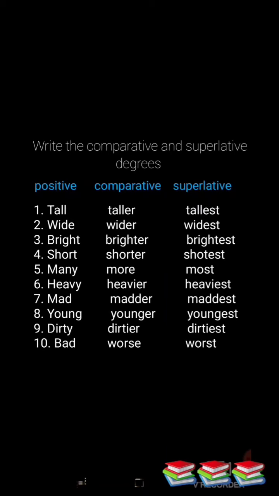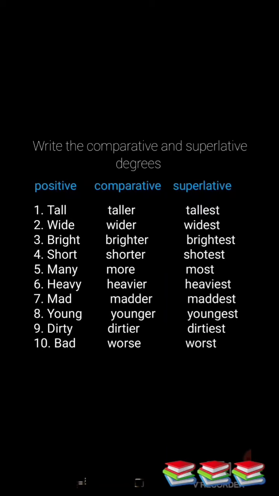So this is also a hint to recognize: if there is no ER and no EST, that degree is positive; where we find the ER form, that's comparative; and if there is no ER and you have EST, then it comes under superlative.